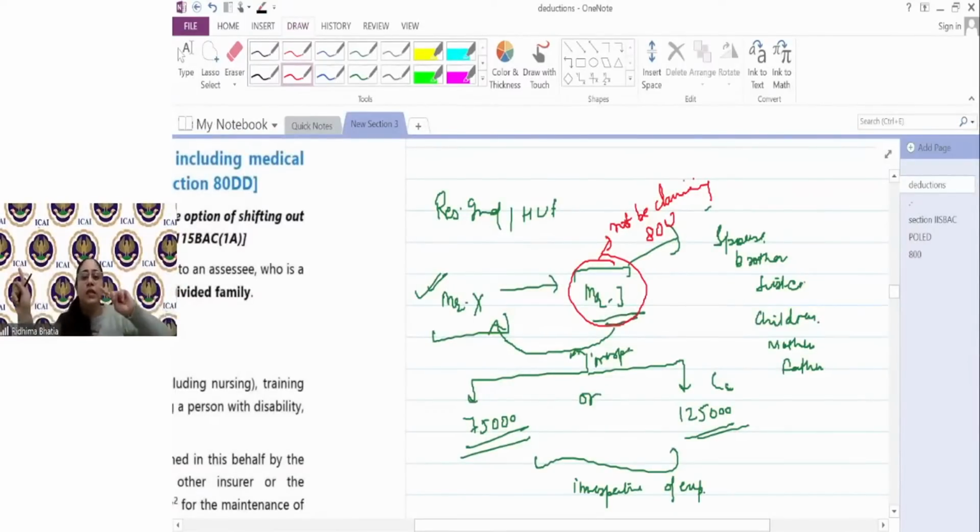No, only one of them can happen. Either he can claim 80U or you can claim 80DD, not both. That's why I covered 80U before. For an HUF, the dependent relative can be any member. So if the HUF is claiming a deduction under 80DD, then it is wholly maintaining that member.